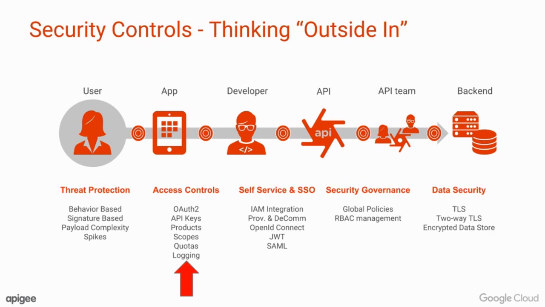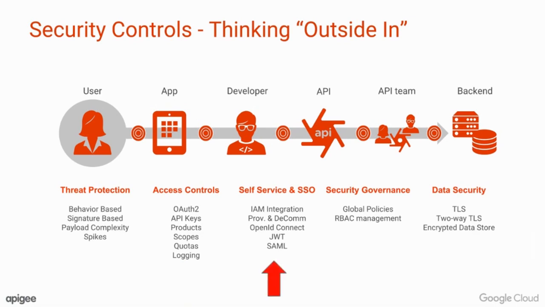For finer-grained authorization, Apigee leverages OAuth scopes. Apart from that, products have assigned quotas for enforcing usage boundaries. And last but not the least, logging capabilities for auditability, thus covering identification, authentication, authorization, and auditability aspects of security.